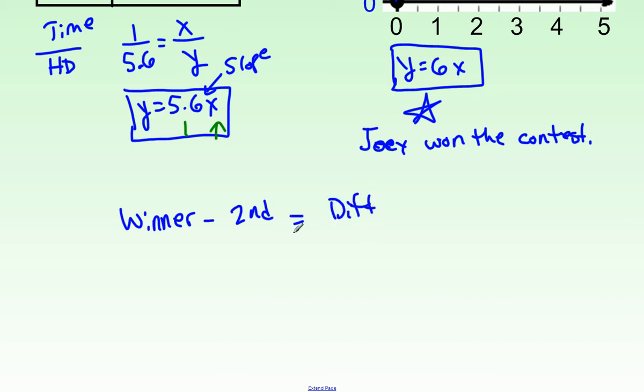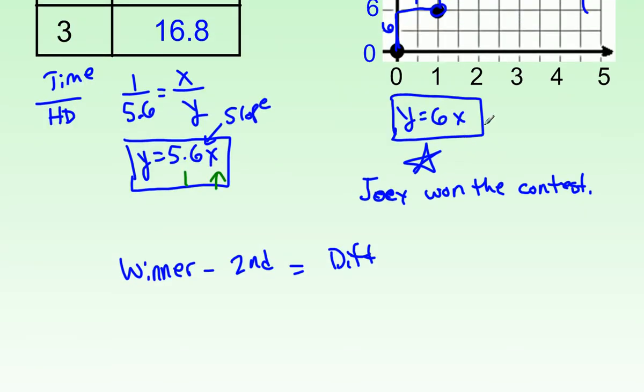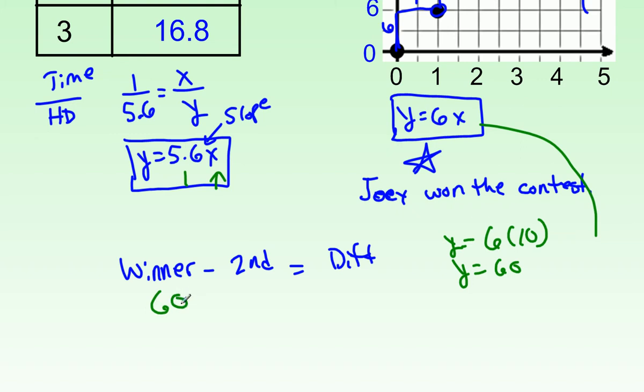So how many hot dogs did the winner eat in 10 minutes? Well, we already said that this is a unit rate, meaning that all we have to do is plug in 10 for the number of minutes, and this is going to spit out an answer. Y equals 60. So in 10 minutes, Joey ate 60 hot dogs.